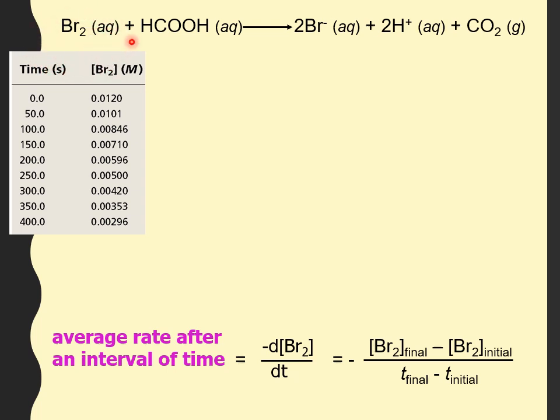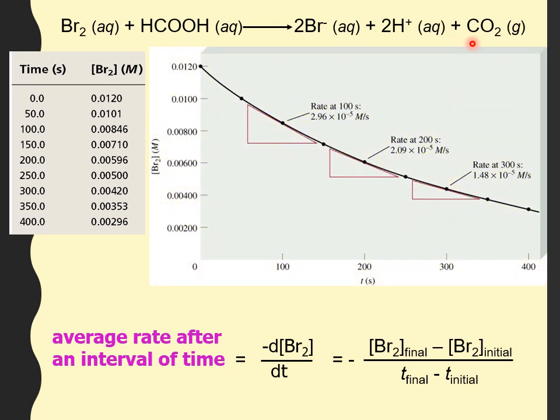bromine liquid reacting with methanoic acid to become 2Br- aqueous plus 2H+ aqueous plus CO2 carbon dioxide gas. So this is the concentration of the reactant Br2 versus time, whereby we want to know the instantaneous rate at 100 seconds.